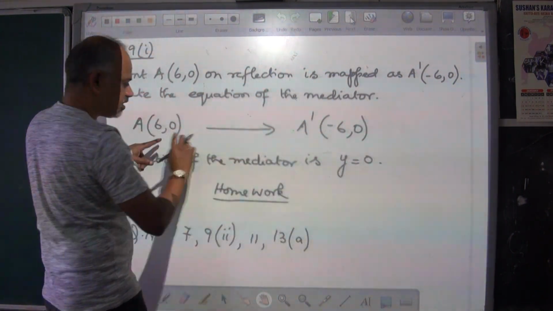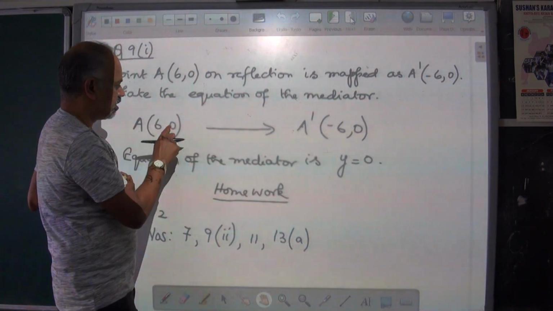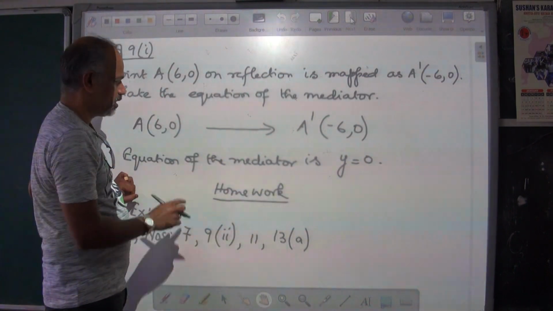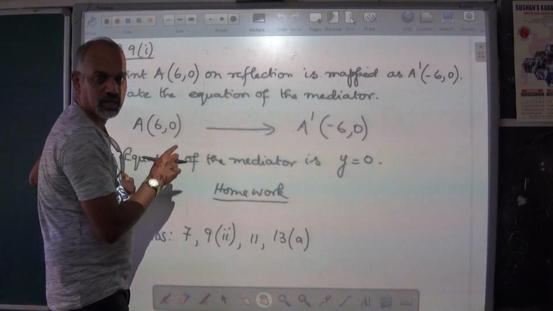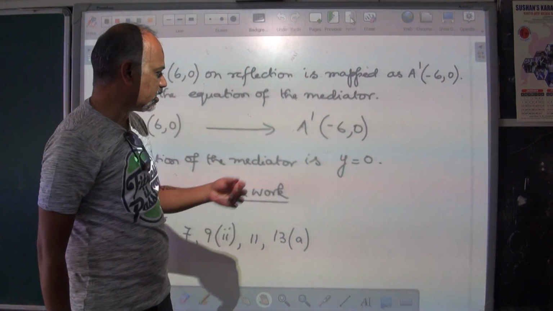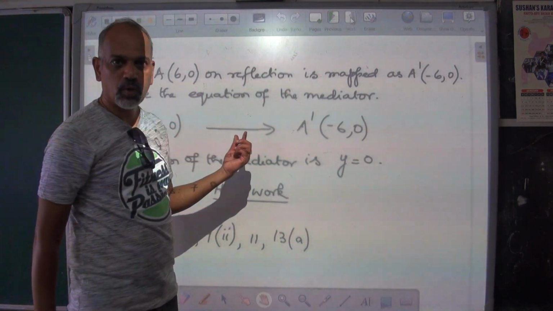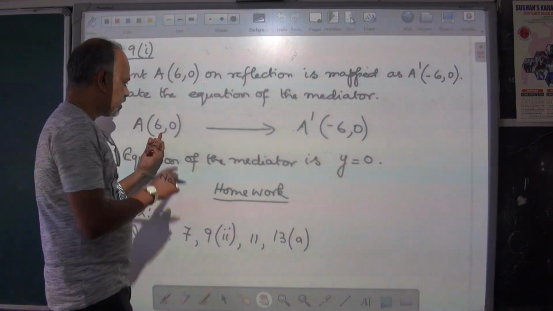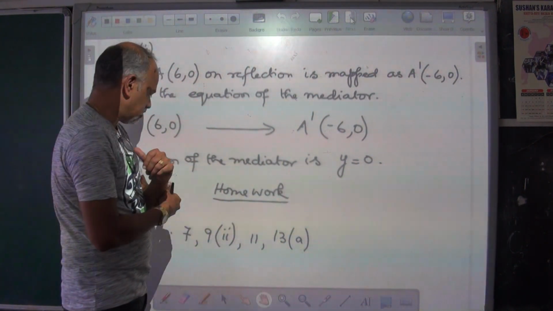Look at both these points, see what has changed. 6 has become -6, 0 is the same. So what has changed here is the x coordinate sign. Now when does the x coordinate sign change? When you reflect in the y-axis. So here the x coordinate sign has changed, which means the reflection was on the y-axis.